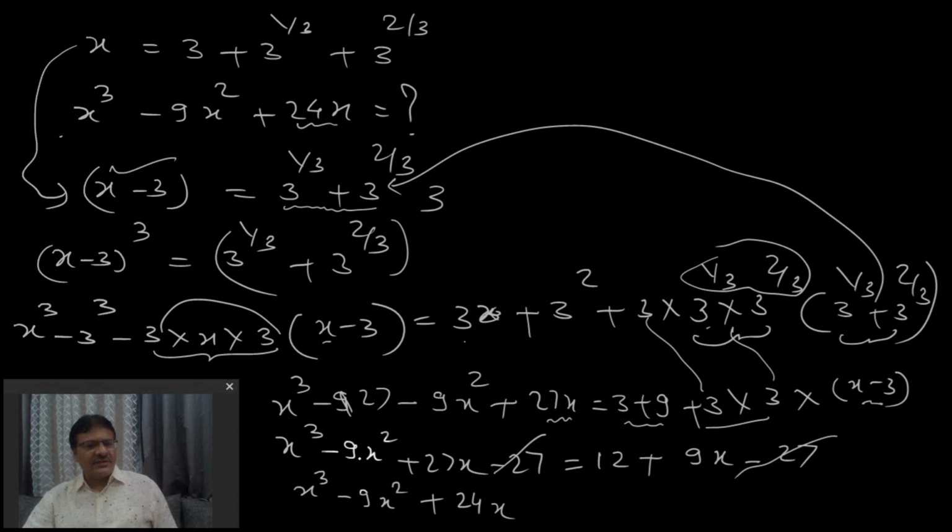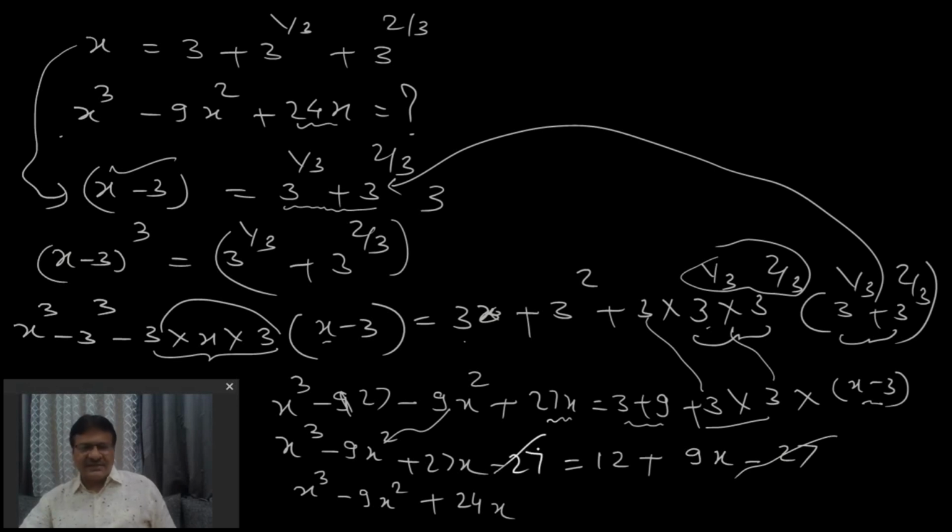Everything is okay. x cube minus 9x square I have taken here, plus 27x I have written here, then minus 27 I have written here, equal to 9 plus 3, 12. Is that clear? Plus 3 3s are 9 and this x minus 3. So if I multiply this 9 into x, 9x, minus plus minus minus 9 3s are 27.